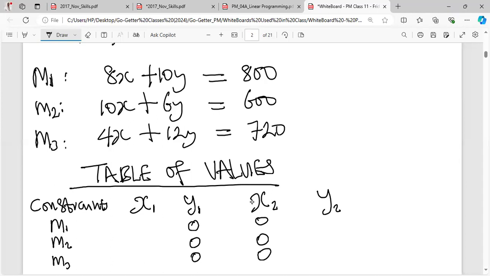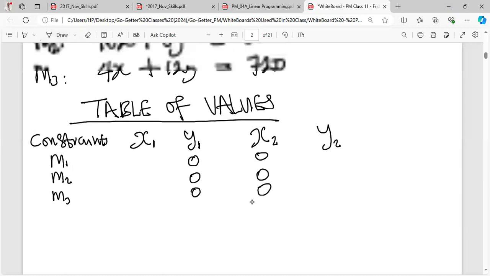M1, when y is 0, it means 10 times 0 is 0. So it means that 8x, okay, let's solve it step by step. Let's take them x1.